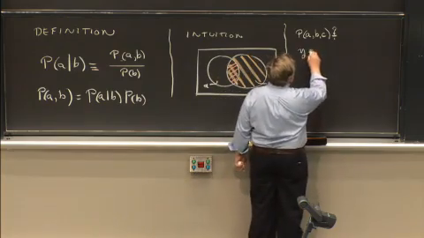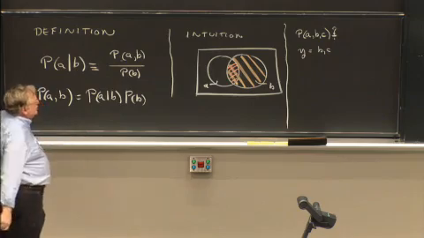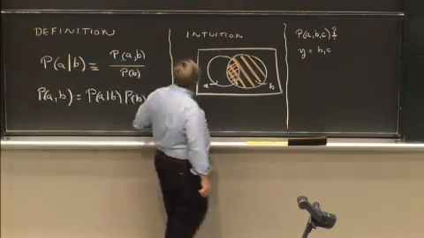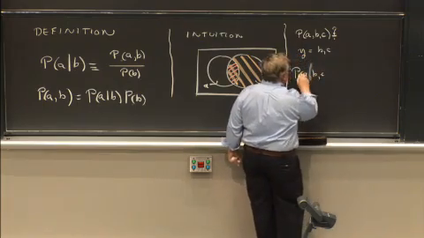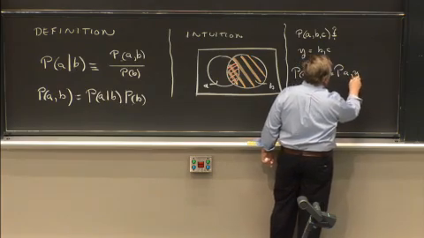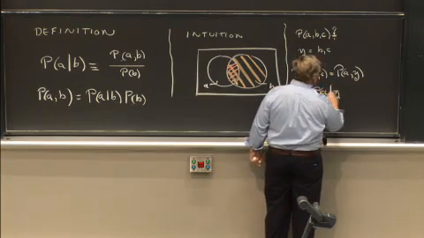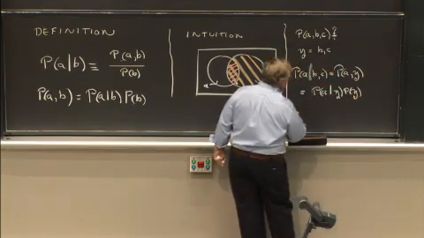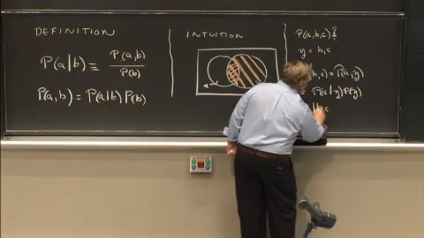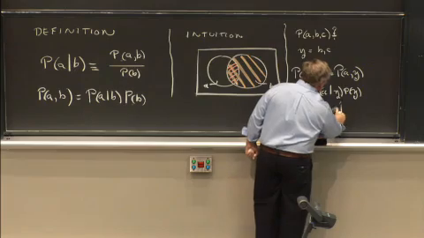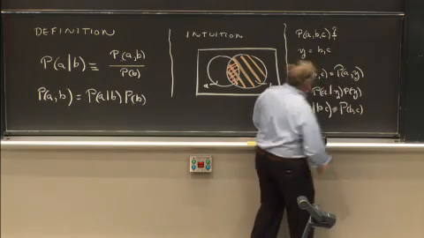So let's say that Y is equal to B and C, the intersection of B and C. Then we can use this formula over here to say that the probability of A, B, and C is equal to the probability of A and Y, which is equal to the probability of A given Y times the probability of Y. Then we can expand that back out: P of A given B and C is equal to the probability of A given Y times the probability of Y, but Y is equal to the probability of B and C, like so.